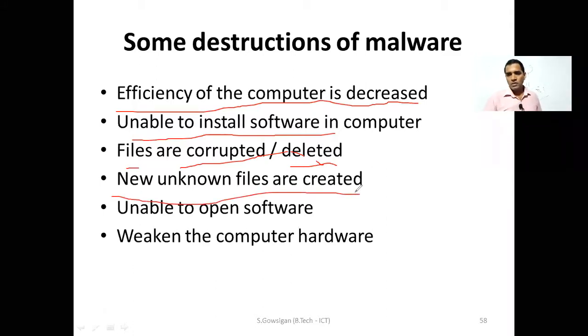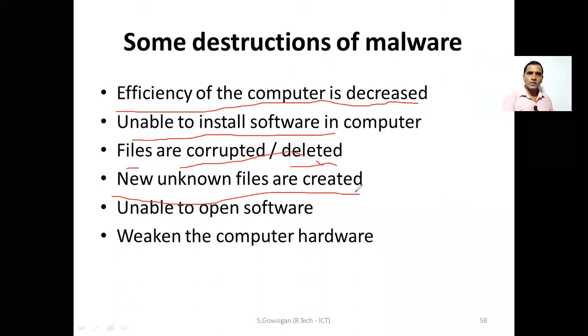Look there, then new unknown files are created. Without your knowing, some new files are created in your hard disk. They are unknown, useless files, but they are created in your hard disk. What happens if unknown files are created in your hard disk? You know, your hard disk has a limited capacity.